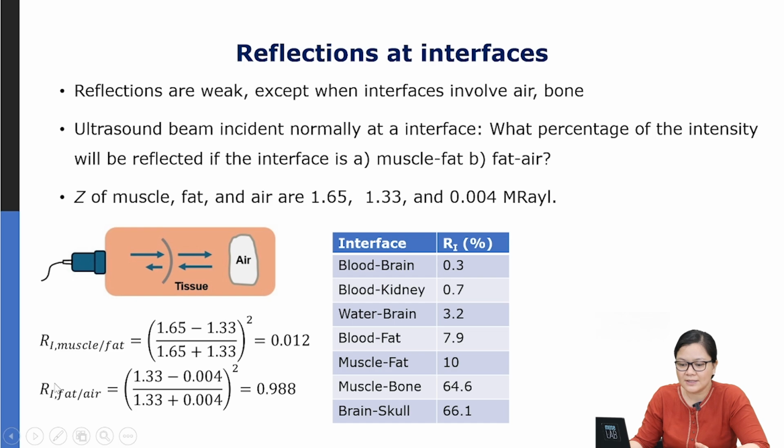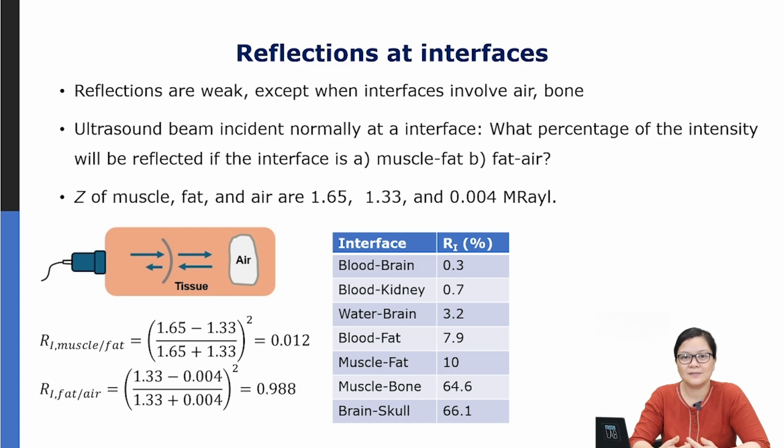But if we consider this fat-air interface here, we're plugging in the values of the acoustic impedances of fat and air. We see that it's a really, really high value, 0.988. And this is high because as the reflection intensity approaches 1, it means much of the ultrasound wave is being reflected back towards the transducer.